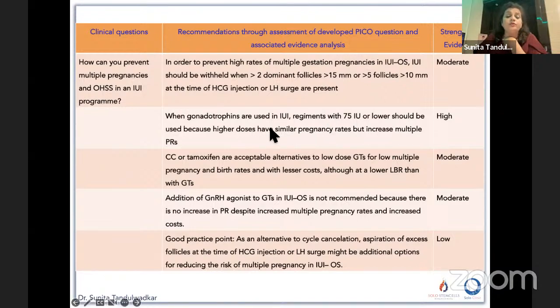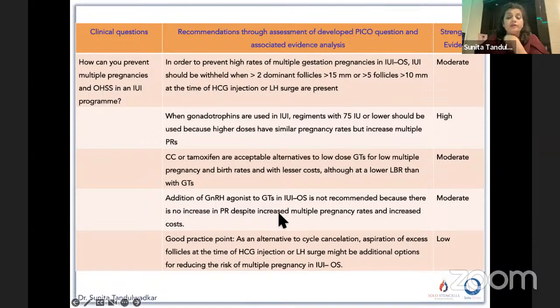I have already told you, low dose or high dose, the pregnancy rates are the same. CC or tamoxifen are acceptable alternatives to the gonadotrophin for lower multiple pregnancy and birth rate. So always start thinking with oral ovulation agents as the first treatment and keep gonadotrophin for second line of treatment.